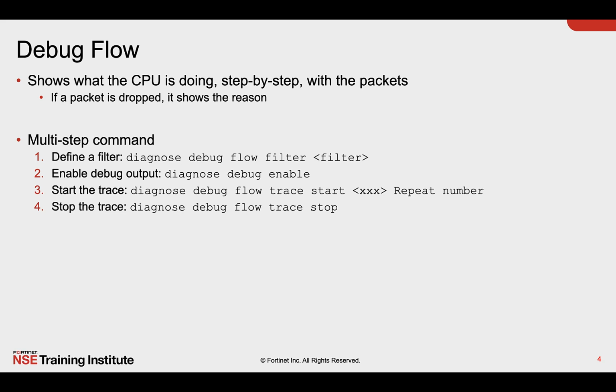So the first thing we're going to do is in the CLI, we're going to enter this command, diagnose debug flow filter. The reason we want to put a filter on there is that what debug is going to do is, as packets flow through the firewall into the CPU, every time the CPU does a step, and it does a lot of individual steps, it's basically going to say, oh look, I just did this.